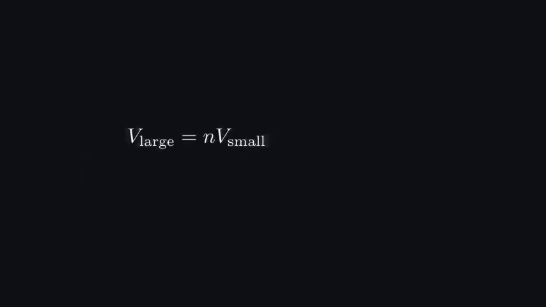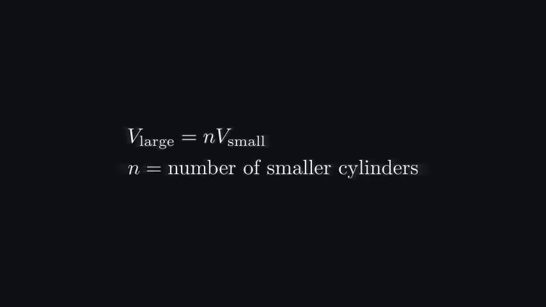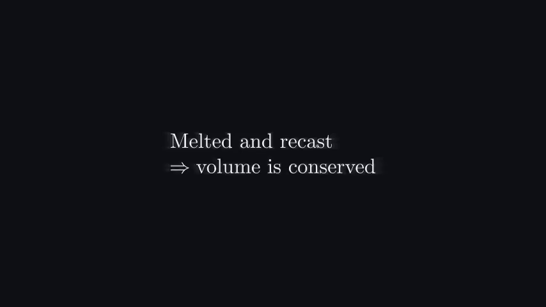V large equals N V small, where N equals the number of smaller cylinders. Melted and recast implies volume is conserved.